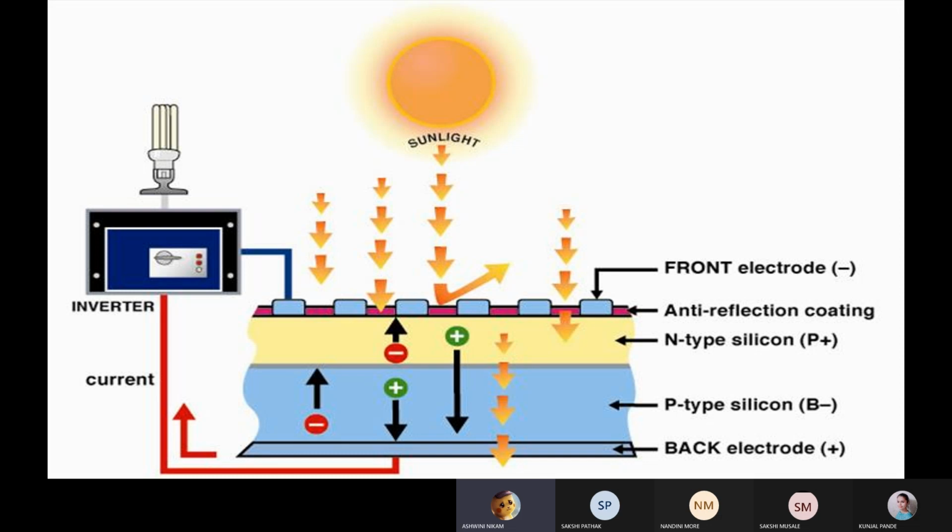This anti-reflecting coating conducts that sunlight. We can see in this system there are two electrodes, one of them is the front electrode and the second is the back electrode. The back electrode is at the base, and between them there is a material from which the silicon is made.